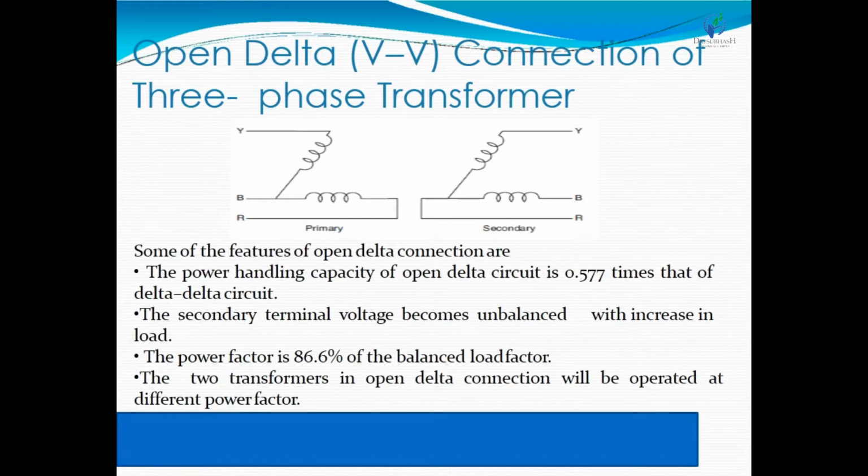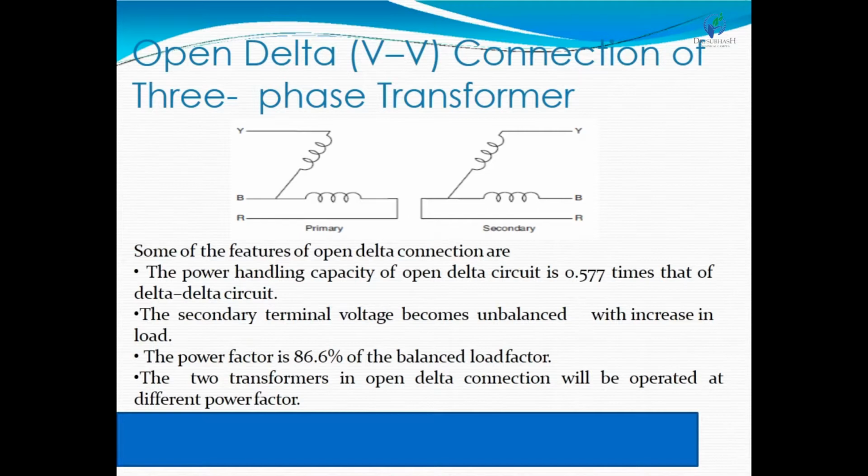The total load that can be carried by the open delta configuration is not 2/3 of the capacity of the delta delta configuration. It is only 57.7% of it.